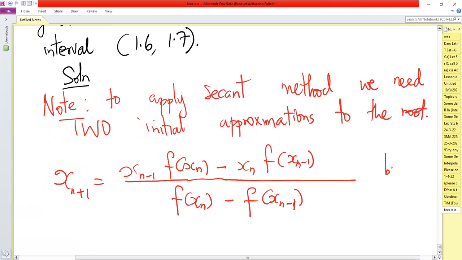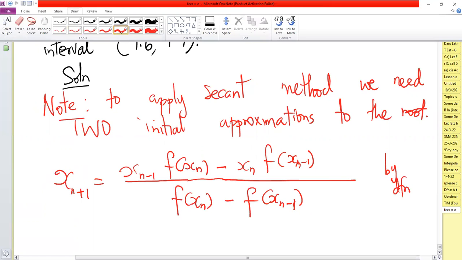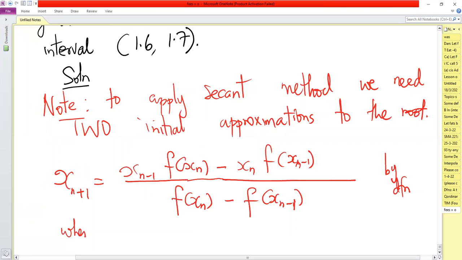This is by definition, where x n minus 1 and x n are the two initial approximations.